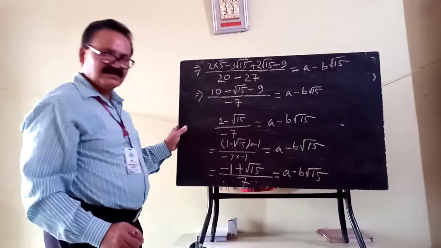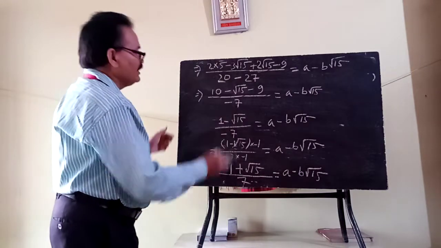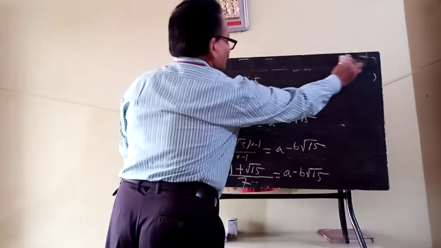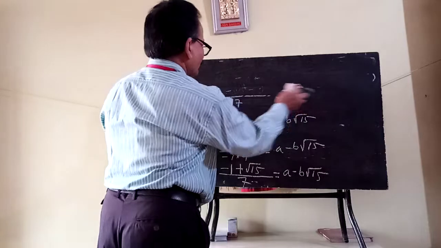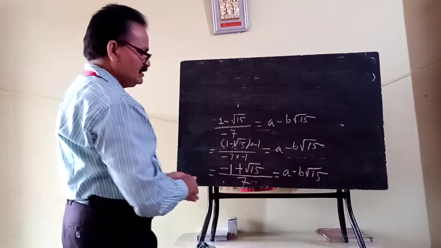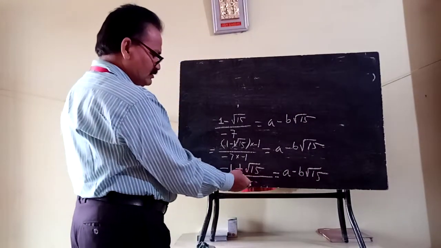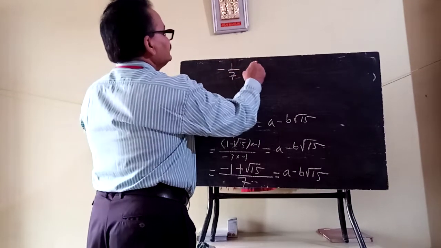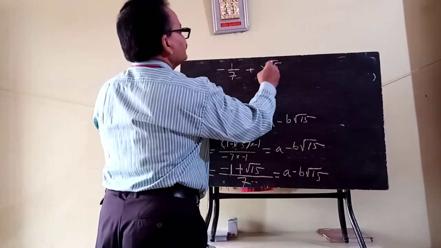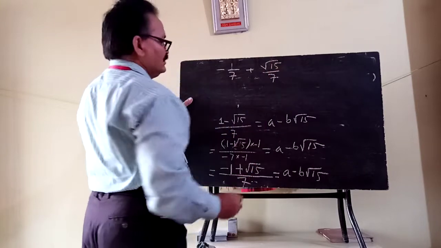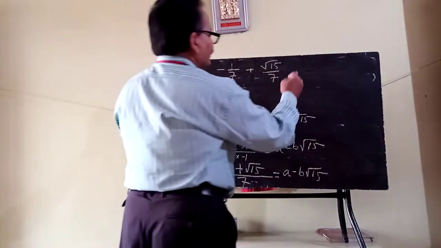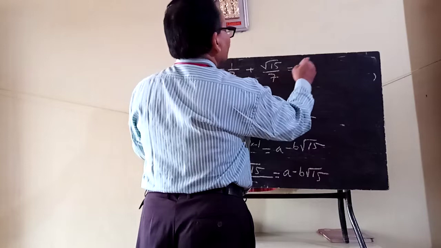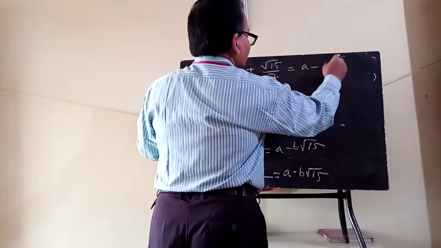You have got it? Okay. Now you make these into two fractions. That is minus 1 by 7 plus root 15 by 7, and this will be equal to a minus b root 15.